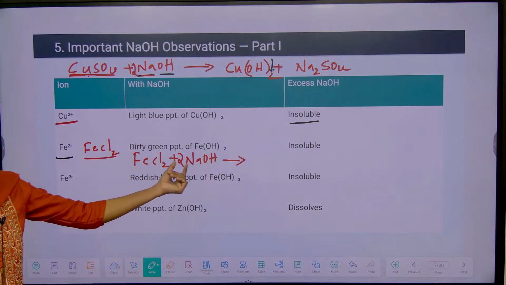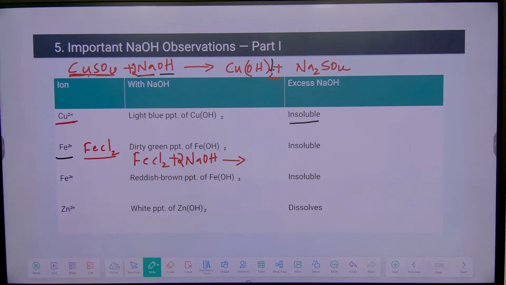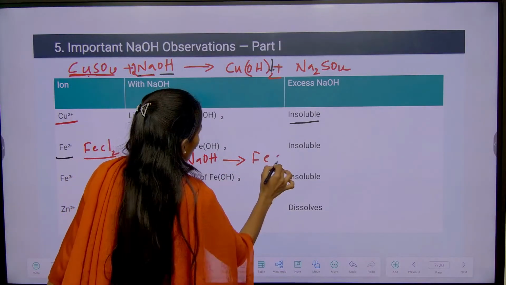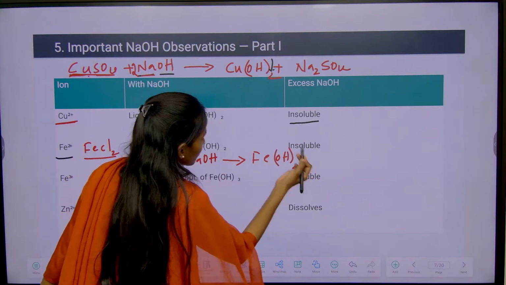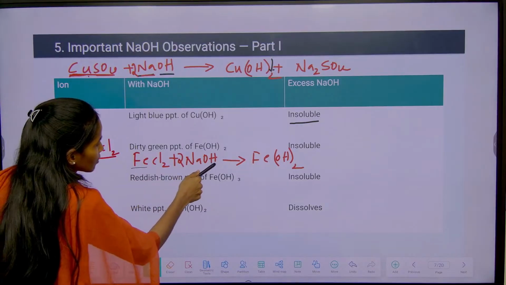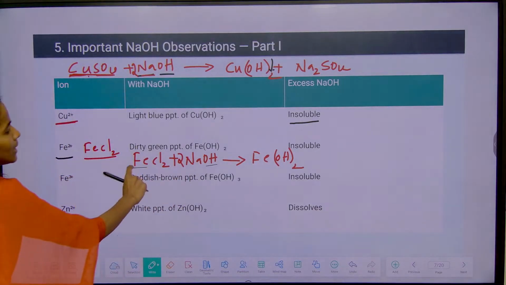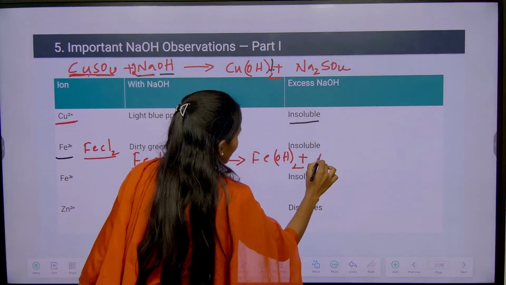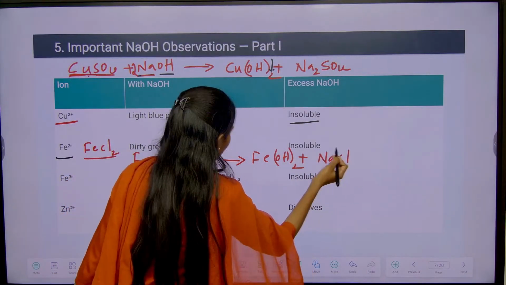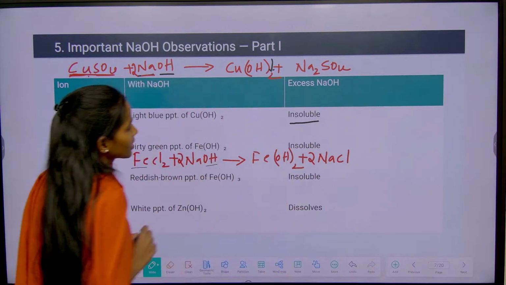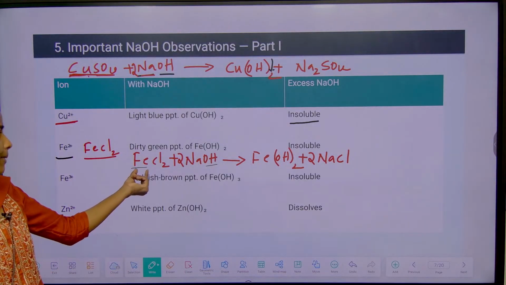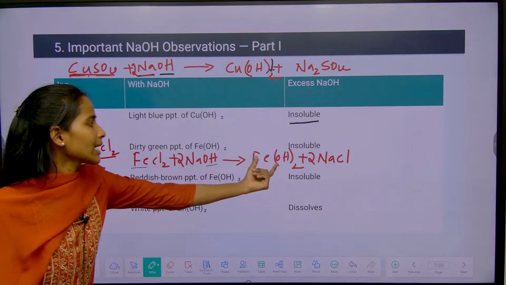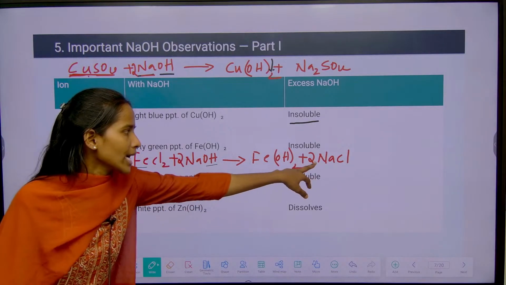FeCl2 reacts with the NaOH reagent solution, and we get Fe(OH)2. This Fe forms a bond with OH minus. What else do we get? We get NaCl, 2 molecules. So FeCl2 on reacting with 2 sodium hydroxide molecules gives Fe(OH)2 and 2 NaCl.